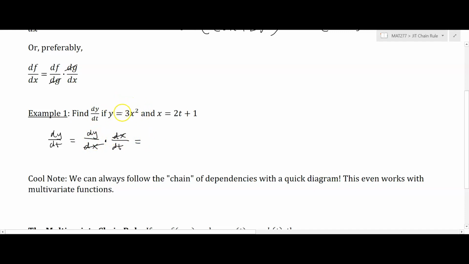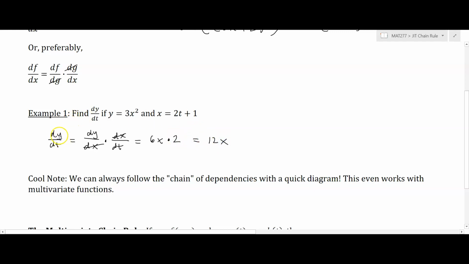So the derivative of 3x squared with respect to x is 6x, multiplied by the derivative of x with respect to t, the derivative of 2t + 1 is 2, so we end up with an answer of 12x.